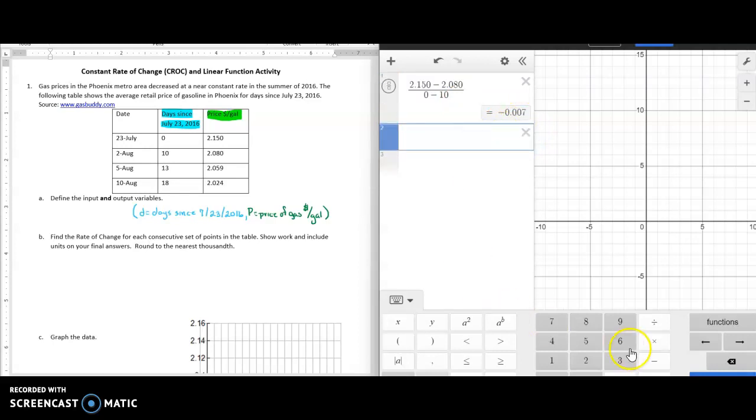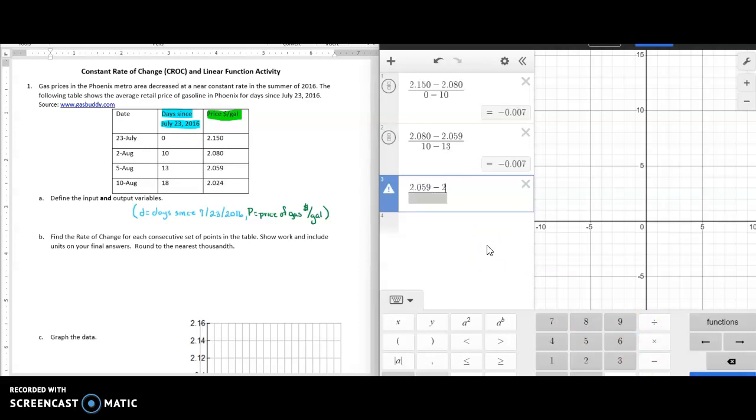For the second set, again, we're going to divide. So we're going to take 2.080 minus 2.059, and this time we're going from day 10 to day 13. And finally, we have 2.059 minus the last price, 2.024, and we have 13 minus 18.